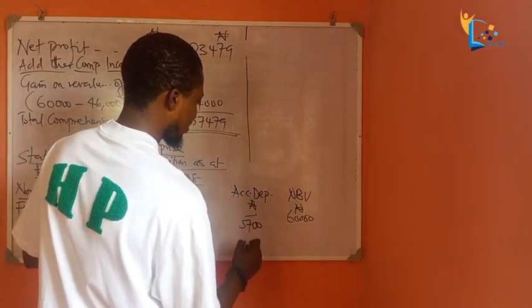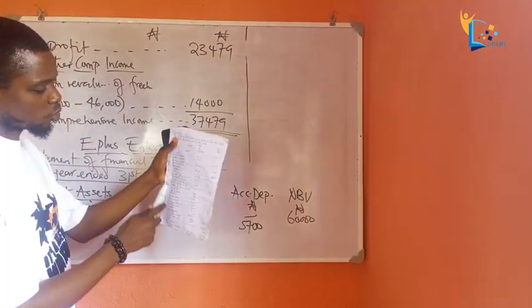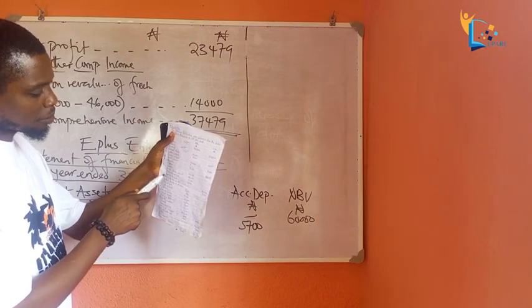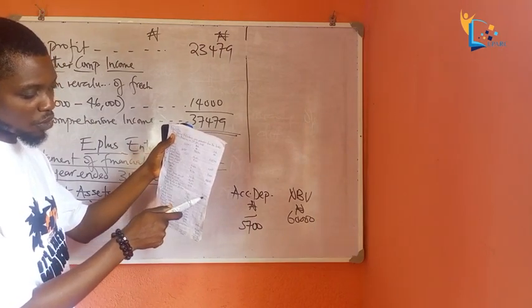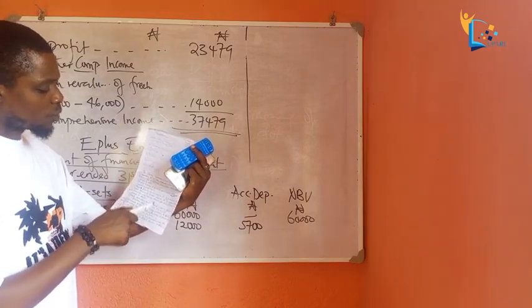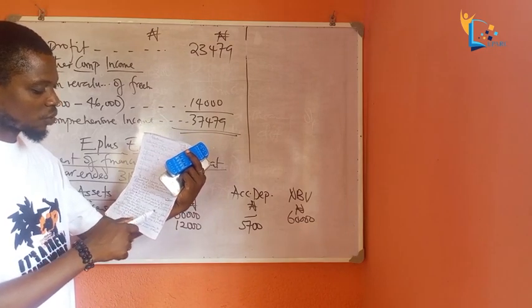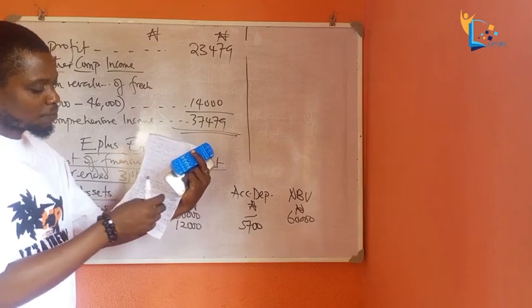Do you understand? Accumulated depreciation. If you check your trial balance, you see provision for depreciation on motor vehicle 4,500. Then if you check your additional information, you see motor vehicle provision for depreciation 10% of cost.